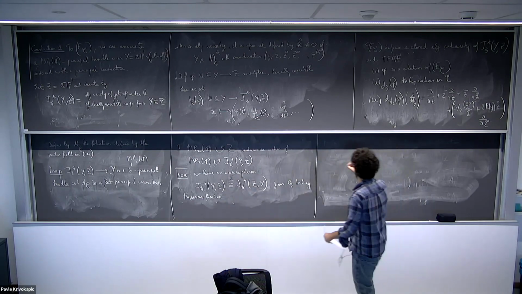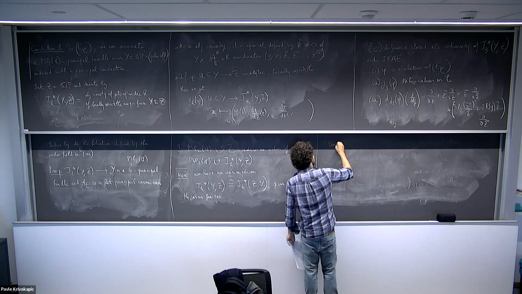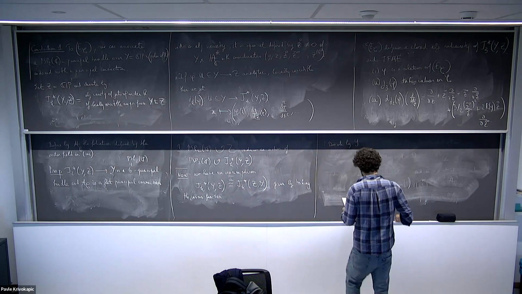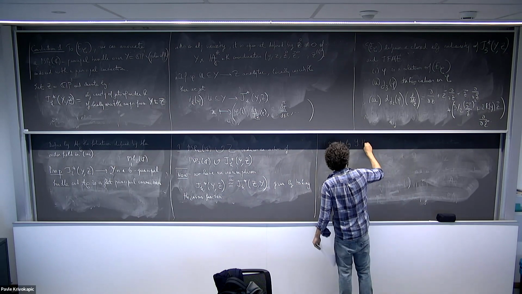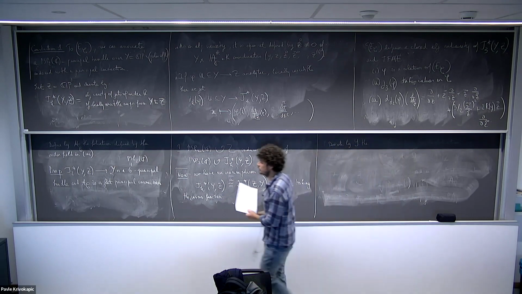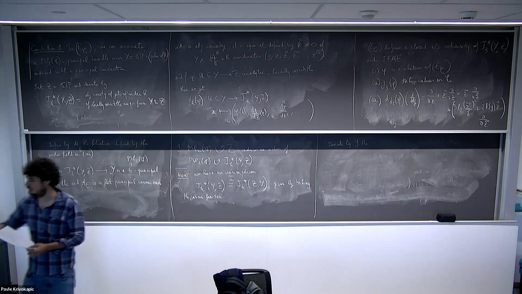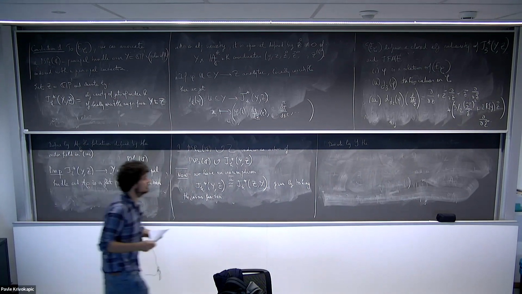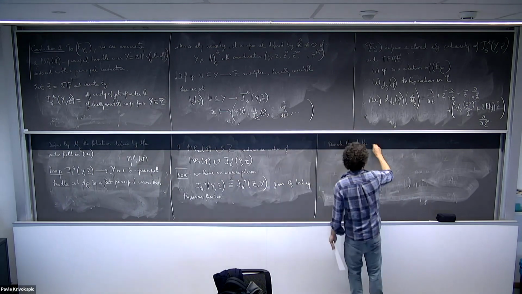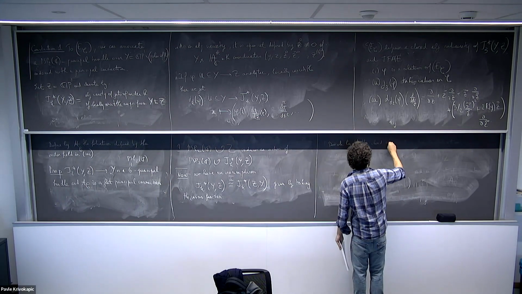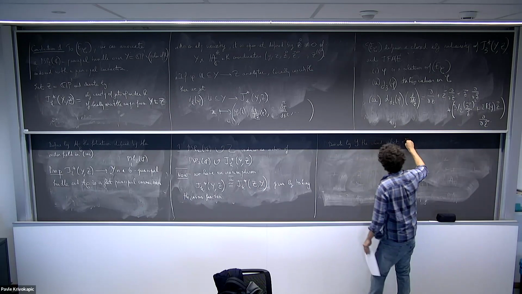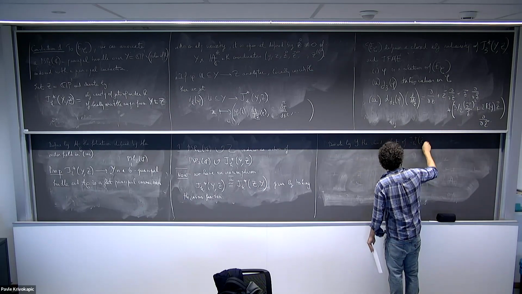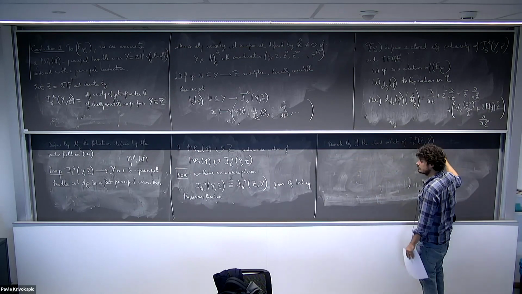So denote by Y the closed subset of G_k star of YZ.